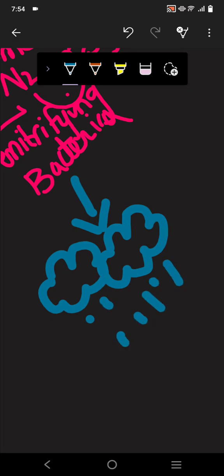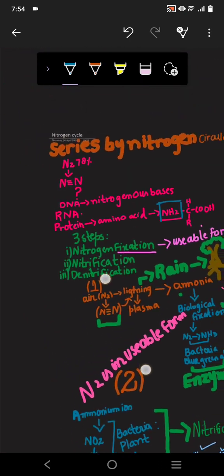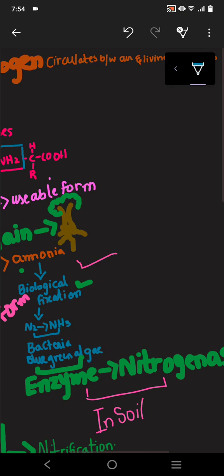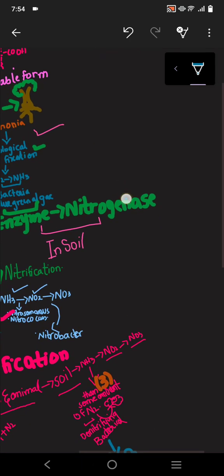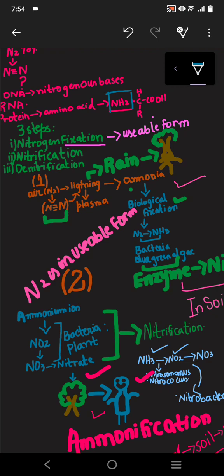So this is what the cycle looks like. As I told you in the starting, it is a series by which nitrogen circulates between the air and the living organisms, and here it is proved that nitrogen is being circulated. Okay, I hope that is clear.